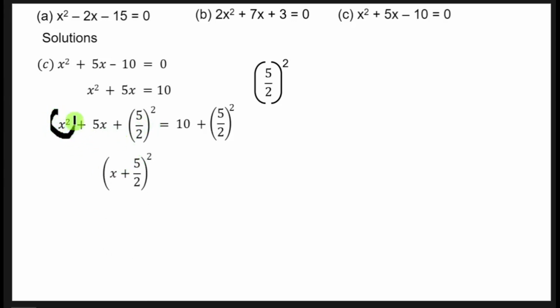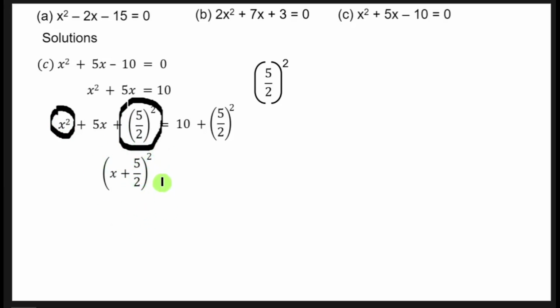So this one will consider this and this, and ignore this one. So we'll get this x squared and 5 over 2 squared. So since both of these are squared, we only pick x plus 5 over 2, then we put both inside the brackets and then square.